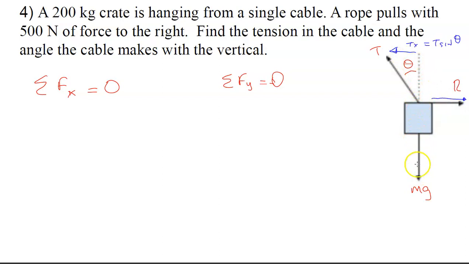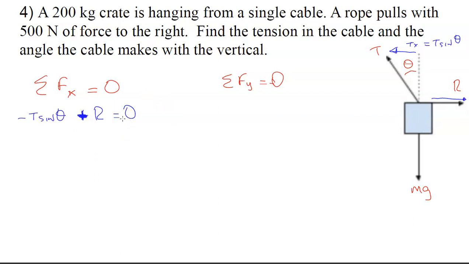This guy doesn't pull left or right at all. So I only have those two to put in my expression. And I'd come along and say minus t sine theta plus r equals 0. I got two arrows, t sine theta, r. This one is left, so I called it negative. R is to the right, so that's positive. And I've got a nice little expression there.